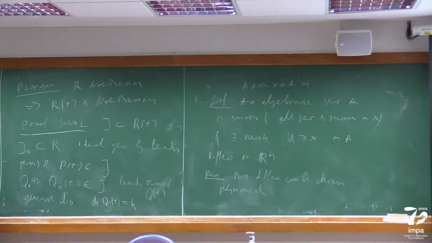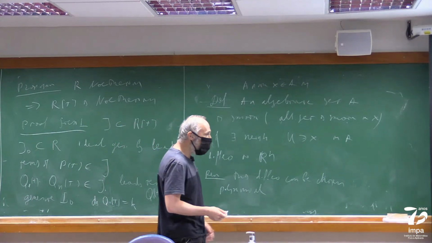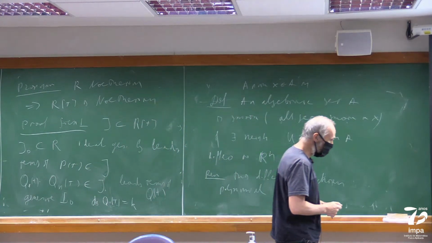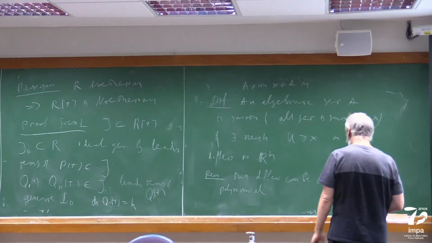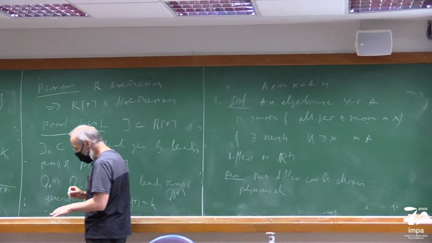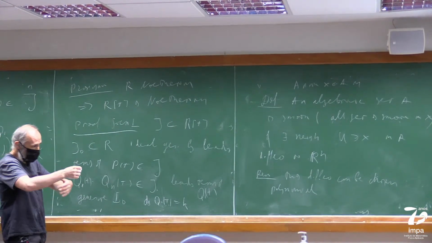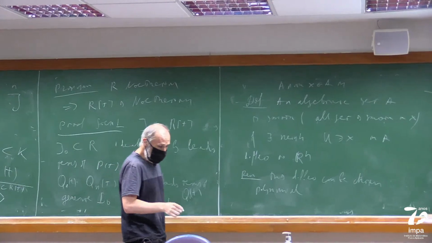In particular, you can choose them polynomial. You can, in fact, choose them coordinate, which is even better than polynomial. And if you have a map which is an isomorphism on the tangent space at a point, then it is a diffeomorphism in a neighborhood by the inverse function theorem.